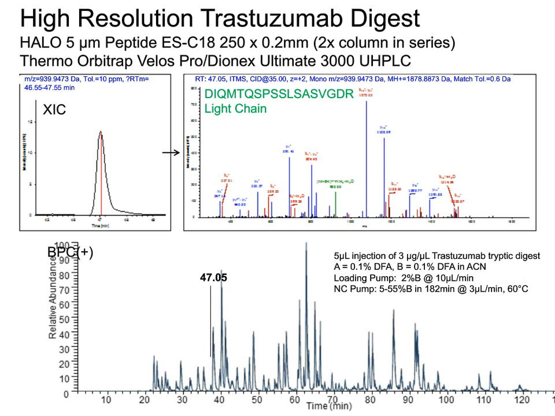So we use this approach to look at the sequence coverage as well as to identify protein chemical modification variants that may be present in the preparation using tryptic digests.